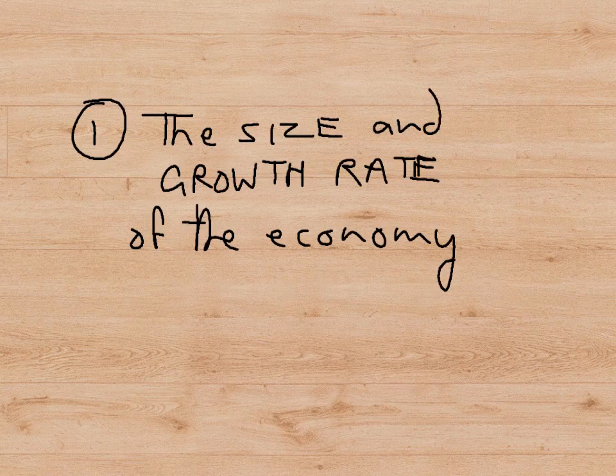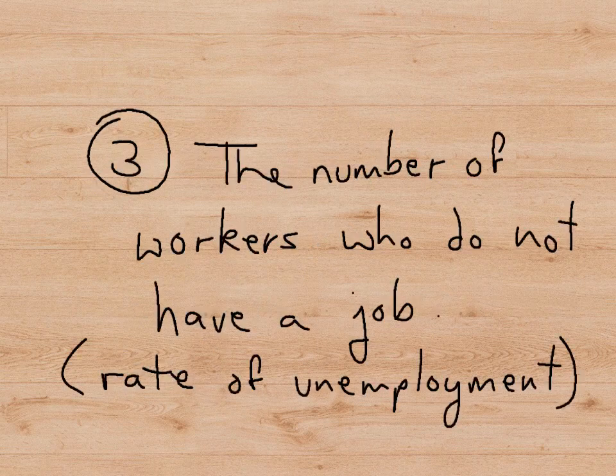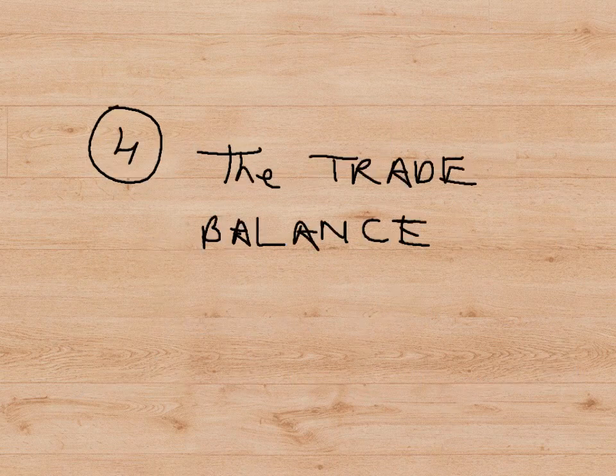So essentially, macroeconomics is concerned, among other things, with looking at the size and growth rate of the economy. It is looking at the speed at which prices are increasing, something that we call the inflation rate. It is looking at the number of workers who do not have a job, called the rate of unemployment.